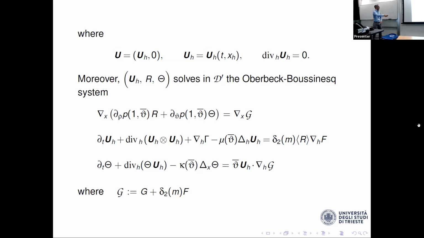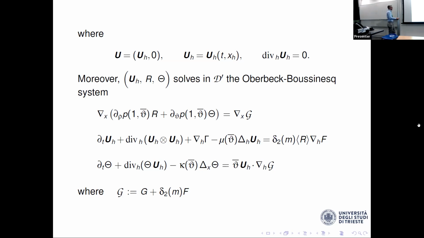For the velocity field, we have a Navier-Stokes type equation. And I would like to stress that this dynamic is purely horizontal, it's a two-dimensional dynamic. And we have for the temperature a transport-diffusion type equation.